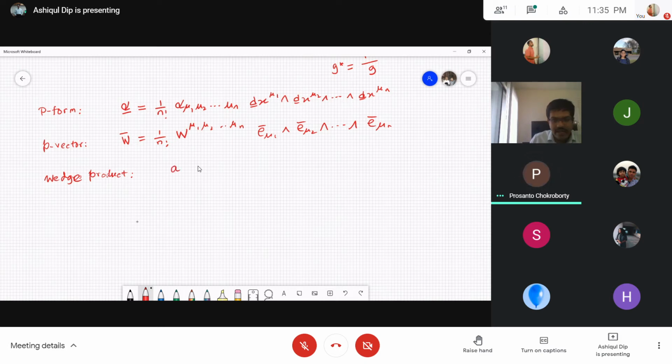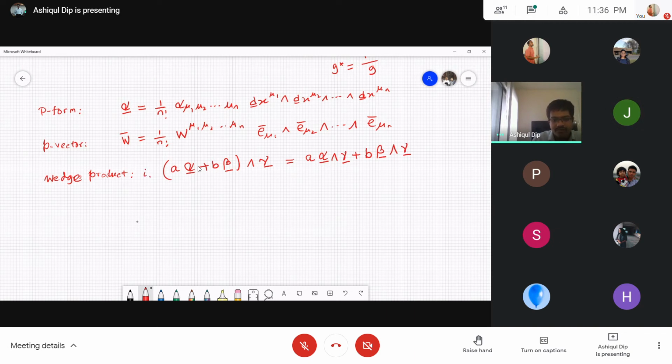One is the linearity property. With gamma another P form, some P form, and you do not know the value of P, A alpha plus B beta wedge gamma is A times alpha wedge gamma plus B times beta wedge gamma.